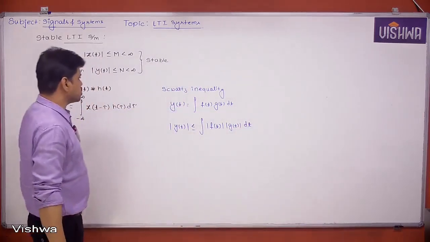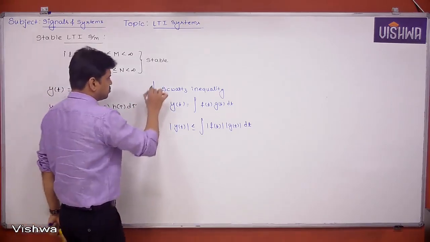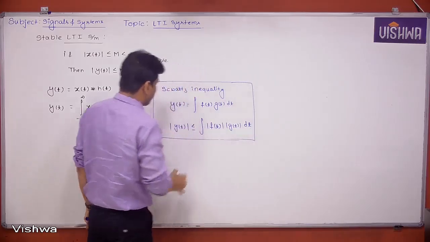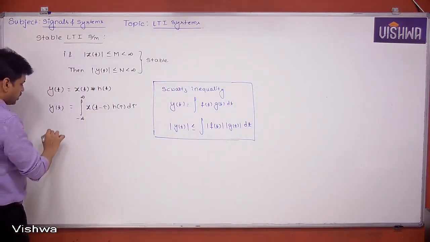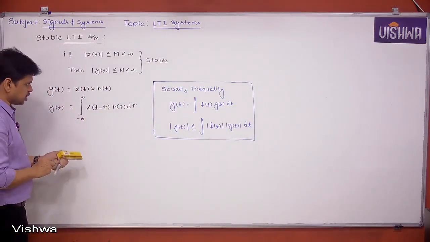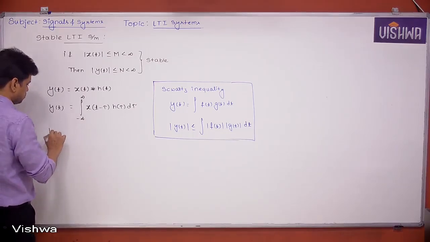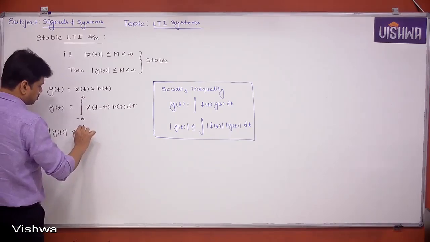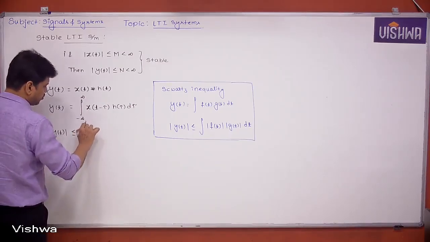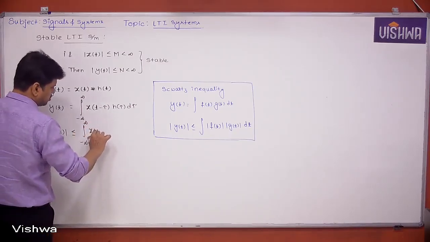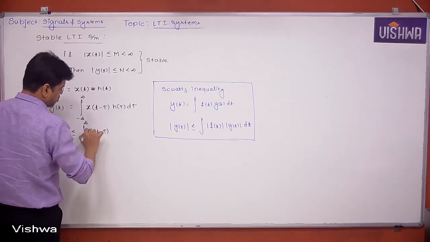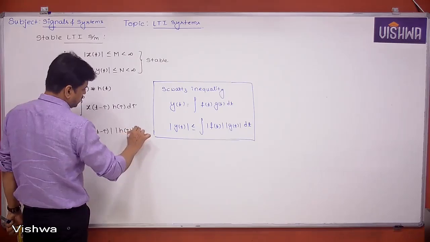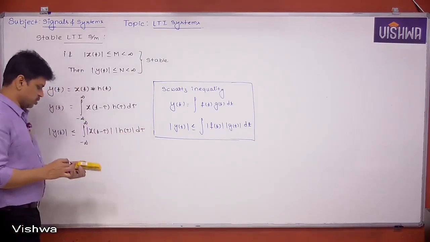So from this Schwarz inequality, if I use it here, mod y of t is less than or equal to the integral from minus infinity to infinity of mod x of t minus tau times mod h of tau d tau. This is what we are going to get.